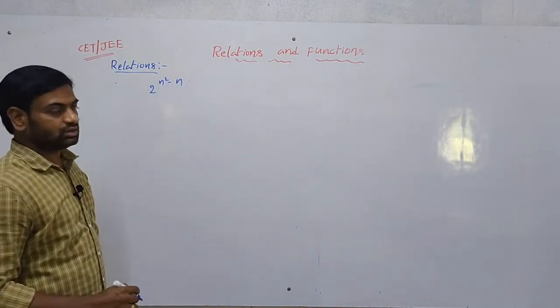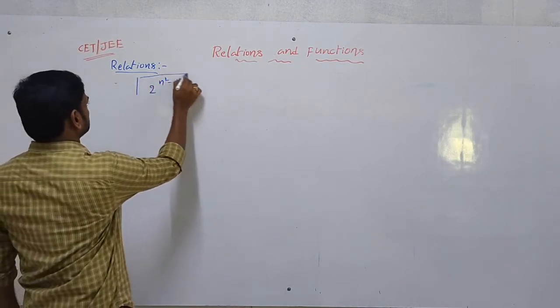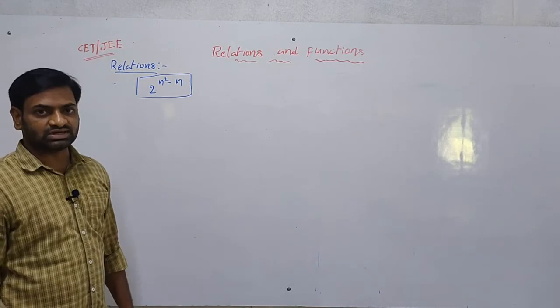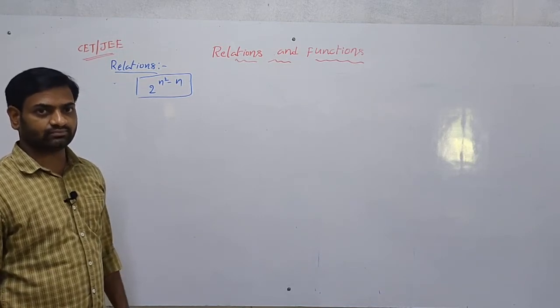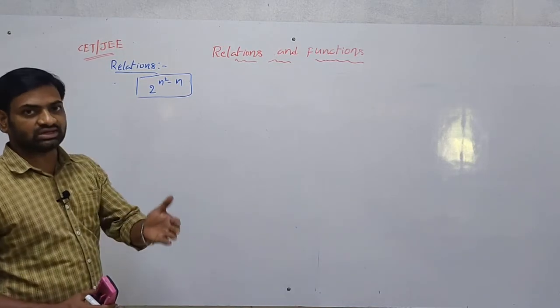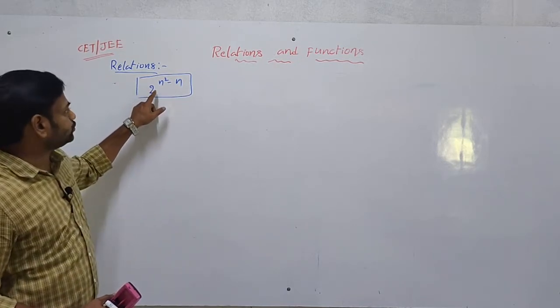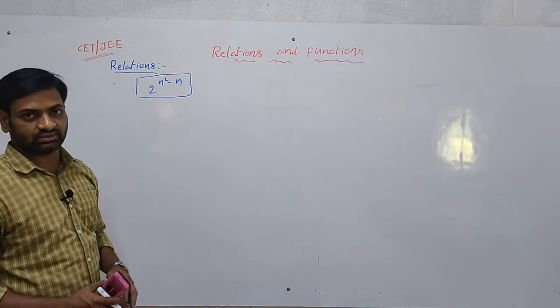It is the formula. Remember this one. Here n means the number of elements present in the given set. That is the n value. So the number of reflexive relations is 2 power (n square minus n).